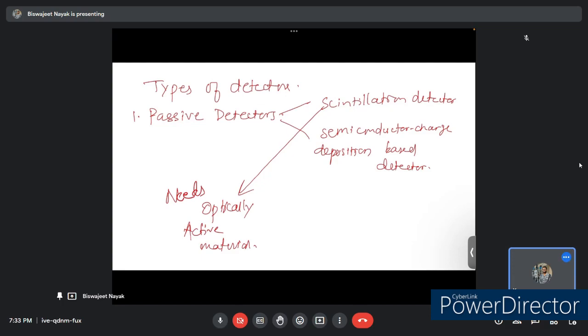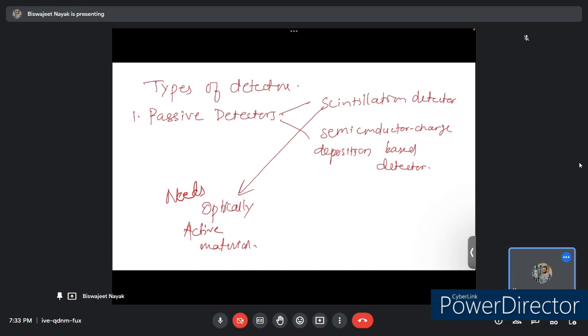And the second one is the semiconductor charge deposition detector. Certain semiconductor devices can detect energetic electrons that penetrate into the active region of the device, where they undergo elastic scattering.